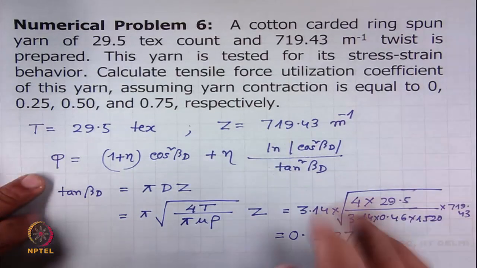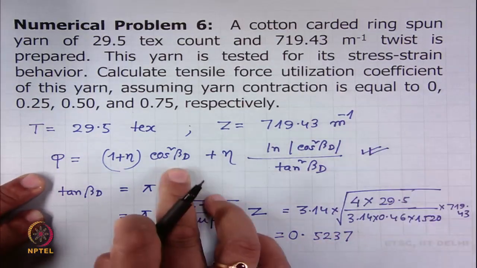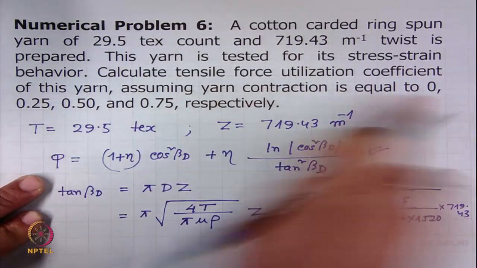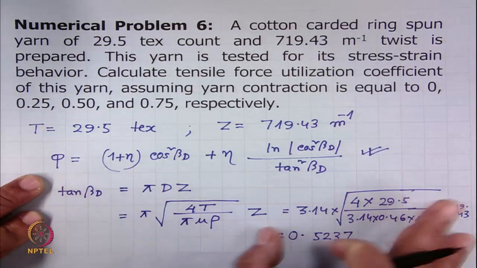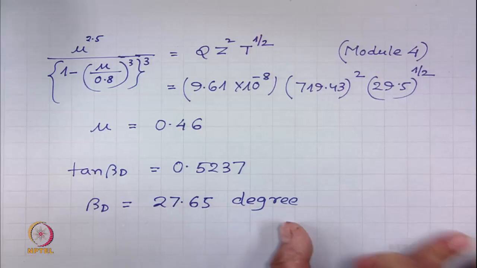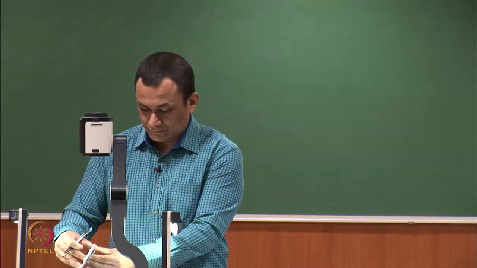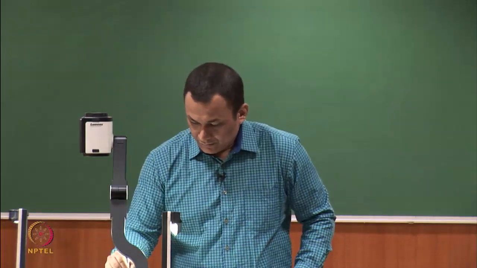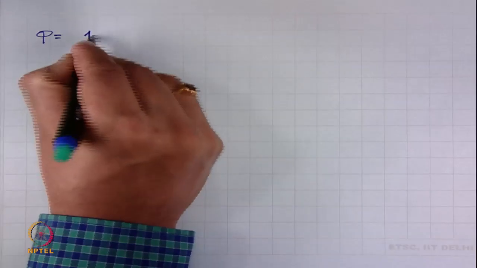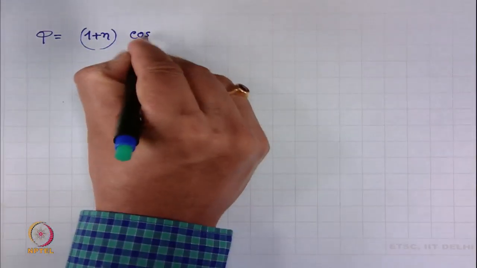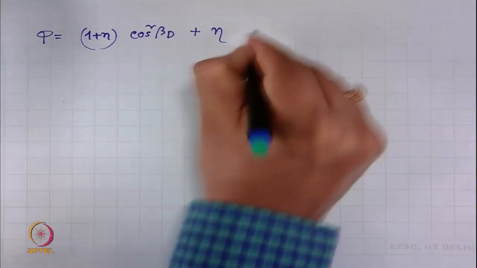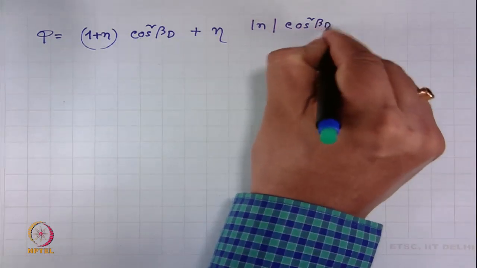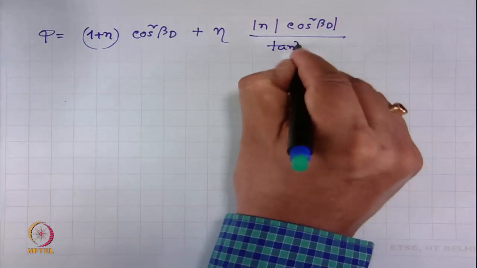Now, you come back to this expression. Beta d you obtain as 27.65 degree, and for different values of eta you need to calculate phi. So, phi is equal to 1 plus eta cos square beta d plus eta ln of cos square beta d by tan square beta d.